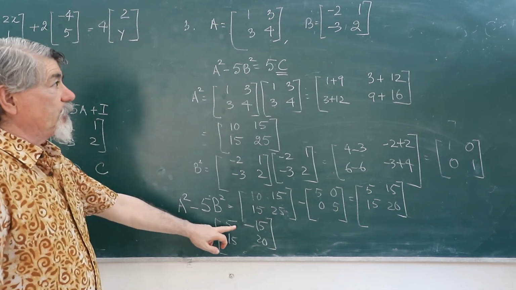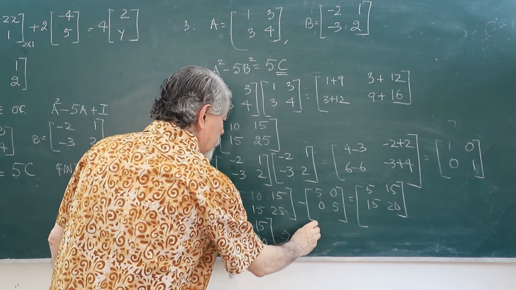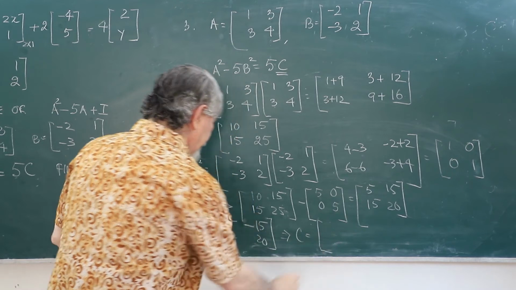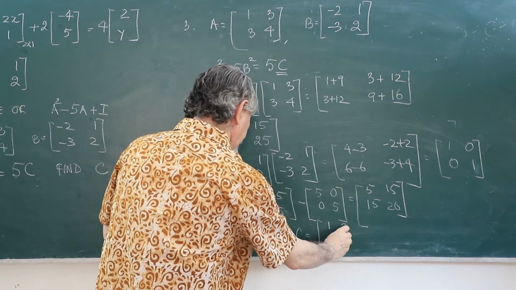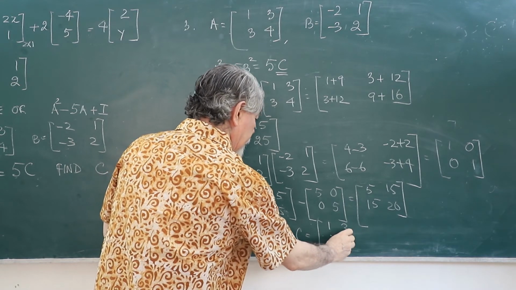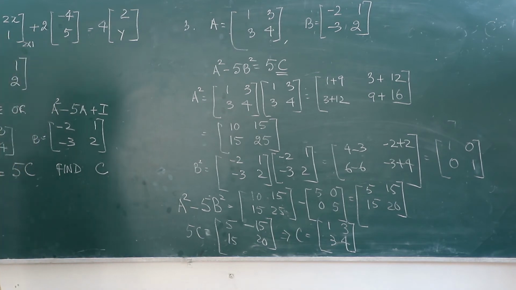So 5c is equal to this, then c will be equal to what? You divide every element of this by 5. 5 ones are 5, 5 threes are 15, 5 threes are 15, 5 fours are 20. So the value of C will come out to be 1, 3, 3, 4.